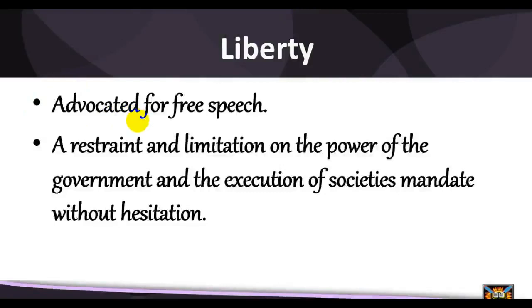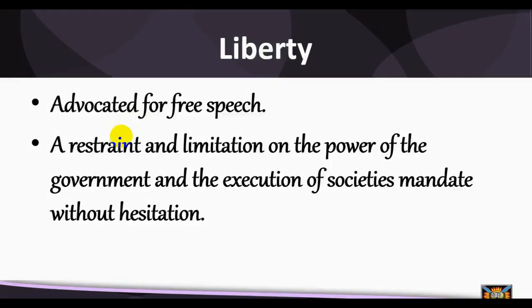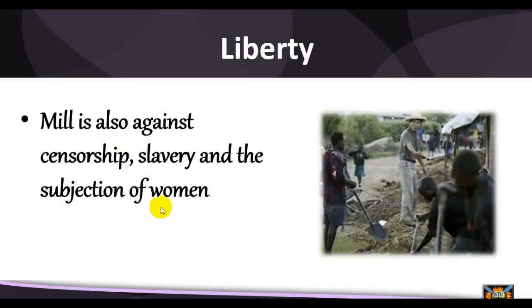He called for a restraint and limitation on the power of the government and the execution of society's mandate without hesitation. See Mill, J.S. 2002. Mill is also against censorship, slavery, and the subjection of women. See Chin Liu T. 1980 and Convicts and Murphy 1948.